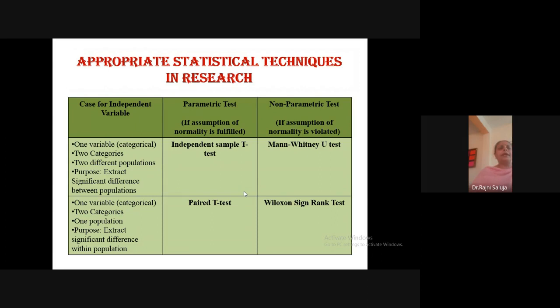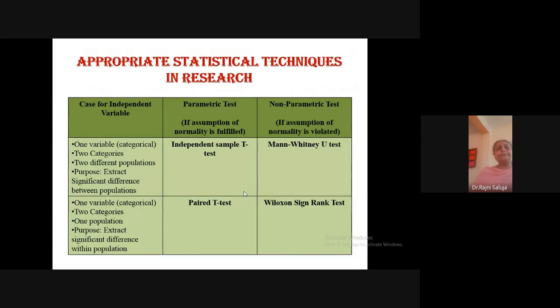For example, the case where there is one independent variable that is categorical with two categories, and there are two different populations, and the purpose is to extract the significant difference between the populations. I have already discussed that when there are two variables and a comparison has to be done, we have to find the significant difference.